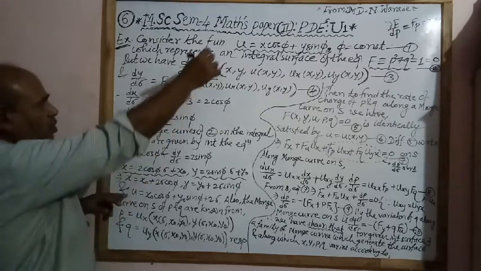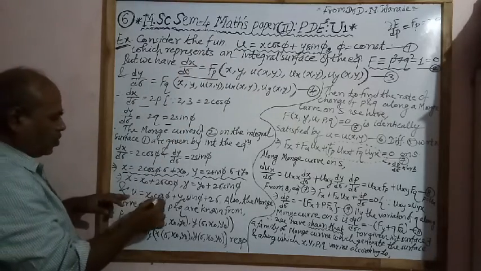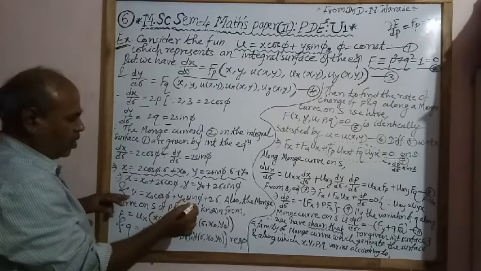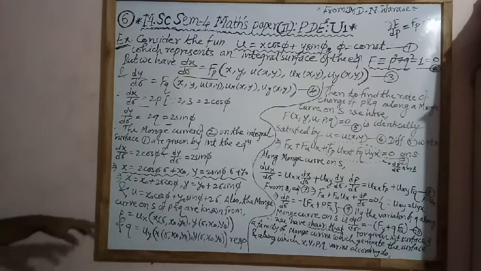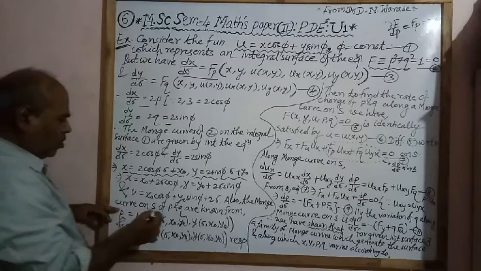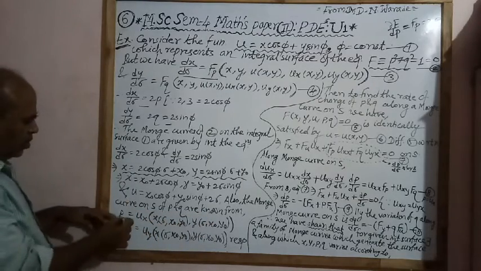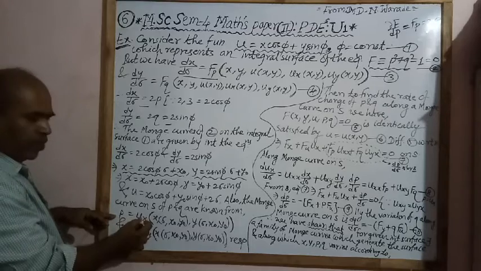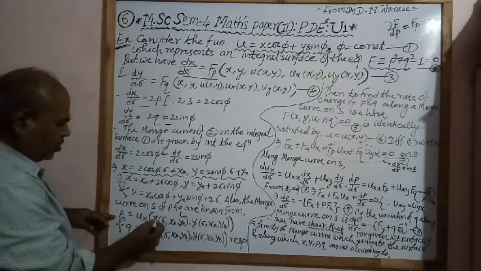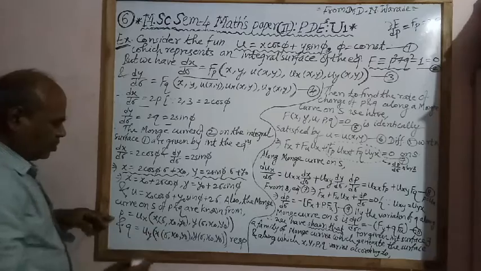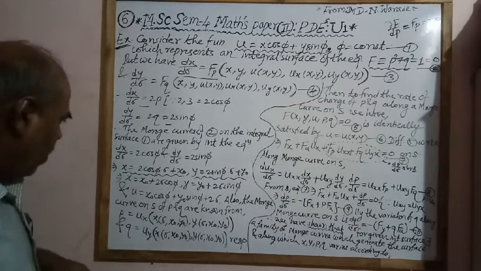Therefore u equal to, the given function, u equal to x0 cos phi plus y0 sin phi plus twice sigma. Twice sigma is the constant. Also the Monge curves of p and q are known from these equations. P equal to ux, that is p equal to partial derivative del u by del x, which is a function of x, y.